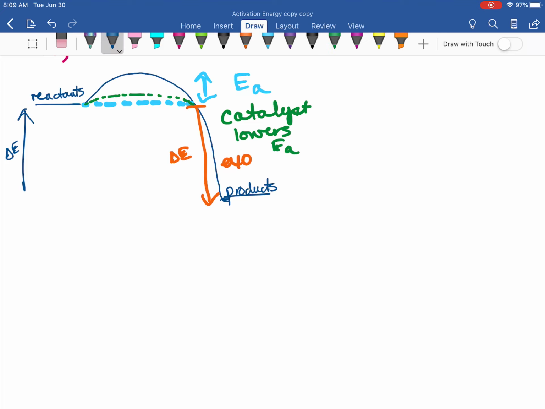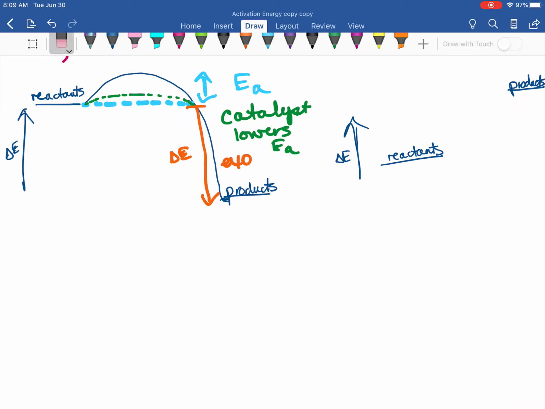Okay, perfect. So then how would you draw this for endothermic? Well, endothermic means your reactants are going to start lower than your products. There's still a hump to overcome, but then you end up here.